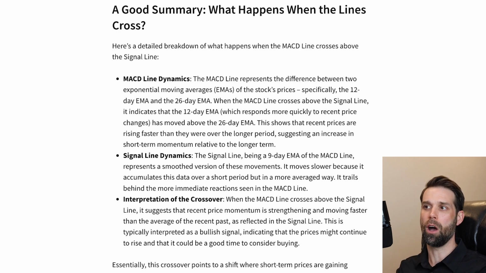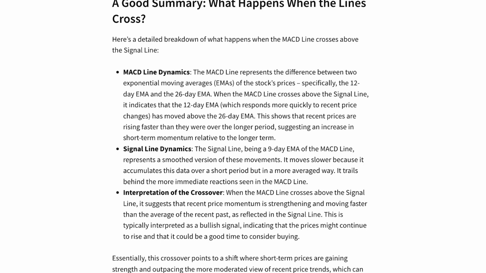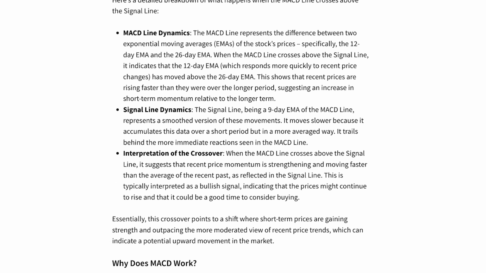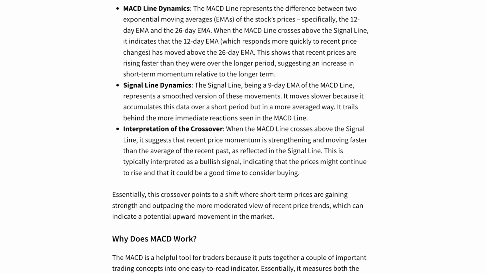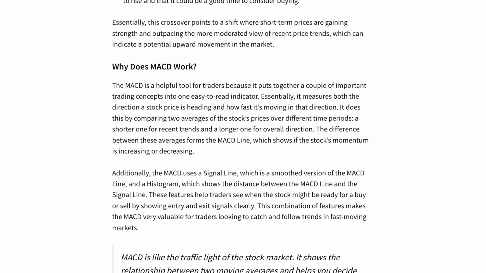And that's what we saw in that chart when the MACD line crossed over the signal line. So that's the interpretation of the crossover, and again, it's just an interpretation of these data points. It does not happen every single time, but it clearly happens enough that this technical indicator is certainly widely used with a lot of traders.